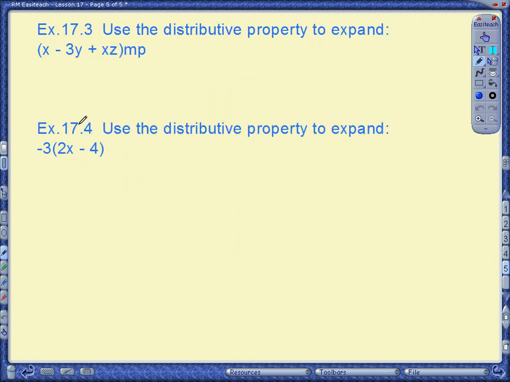In the last examples, we're going to multiply this by mp, even though the quantity that we're going to distribute is in the back. We still distribute it to each term in the parentheses. So we're going to multiply mp times x. We're going to subtract, multiply mp times 3y.